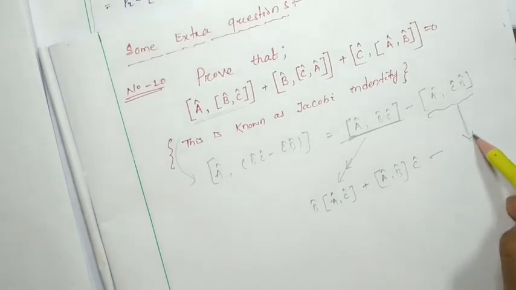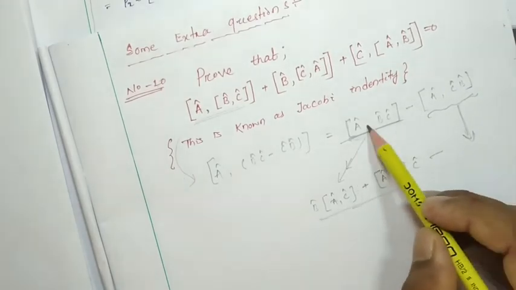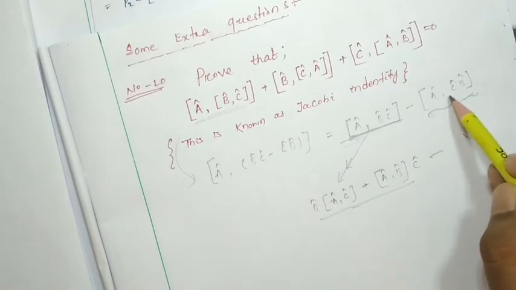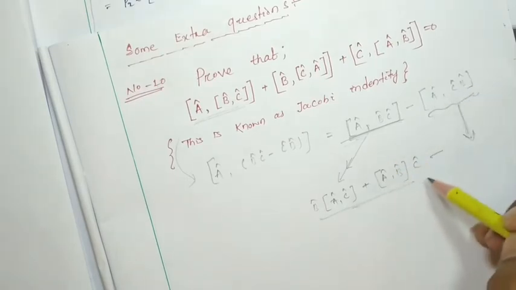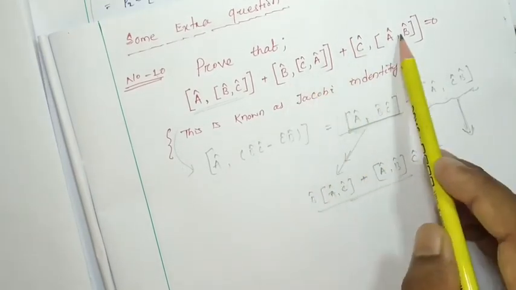Similarly this also can be solved like this. This will be written this way. This commutator of a^ and c^ times b^ can also be written in this format, okay. So likewise you have to do it for all the terms.